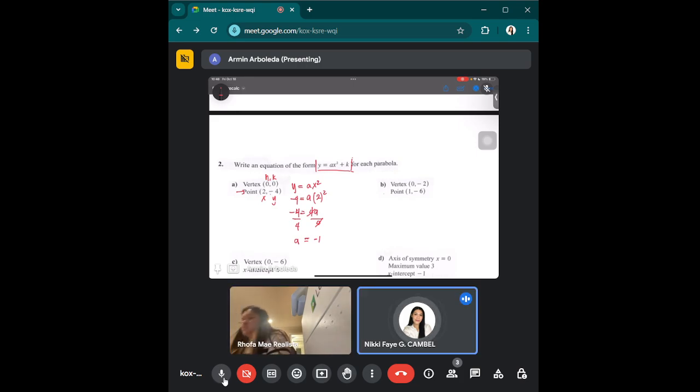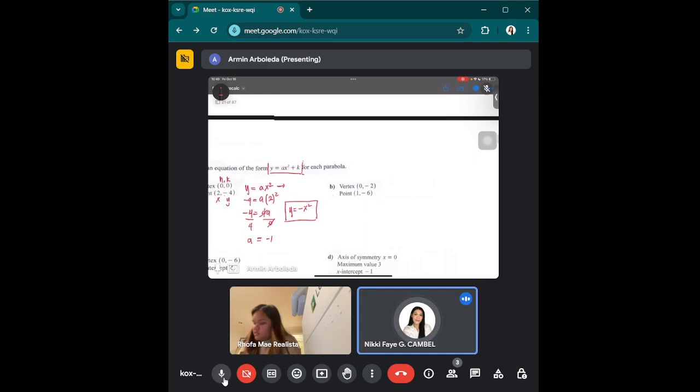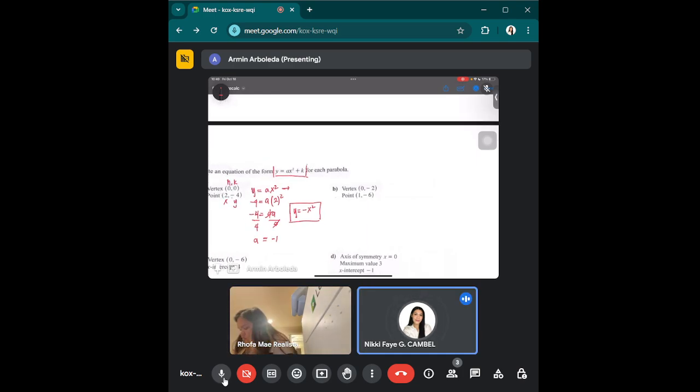So what's going to be our equation? Replace the a in the standard form with negative 1. So the answer would be y equals negative x squared. This is the equation of the parabola. Okay, can you do letter B on your own, and let's check your answer afterwards.